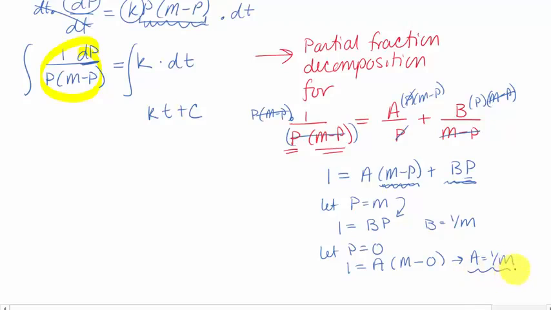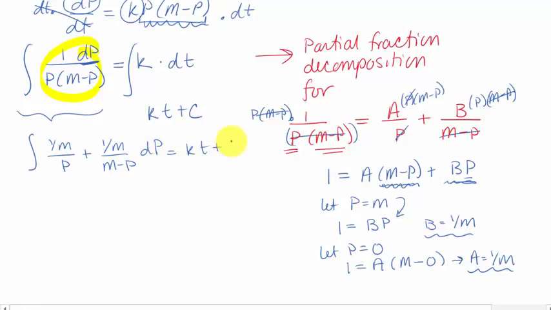Now, this usually doesn't happen where both a and b are the same thing, but in this particular case it does. So this part of our equation turns into the integral of a, which turned into 1 over m over p, plus b, which is 1 over m over m minus p, dp equals kt plus c, because we already integrated the right-hand side.